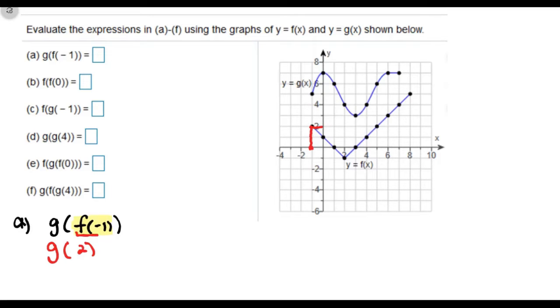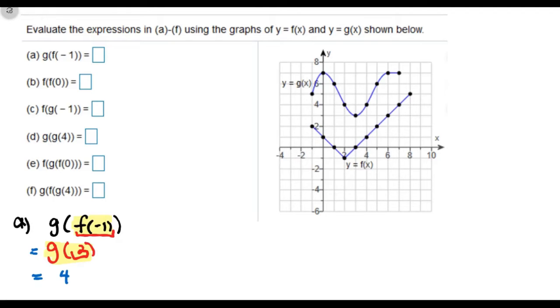So I've replaced this f of -1 with a 2. Now I want to find g of 2. I'm going to go to where x is 2, go up to the graph of g, and go over to get the y value, and that y value is 4. So g of 2 is 4. And then completing the problem, g of f of -1 is equal to 4.